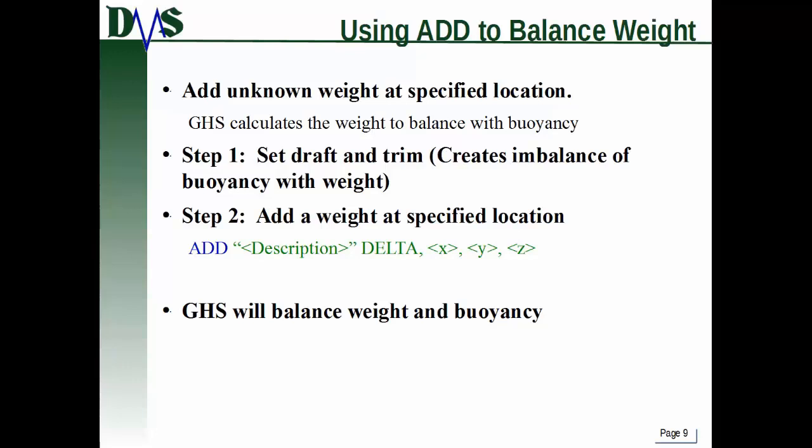And what that does is GHS will actually calculate how much weight it needs to add to balance out the buoyancy of the vessel at that point. So it knows what the imbalance is, and however much that imbalance is, that is how much weight will get added there. Now, I will warn you that that's going to balance out the weight, but not necessarily the trim. That's a separate issue.